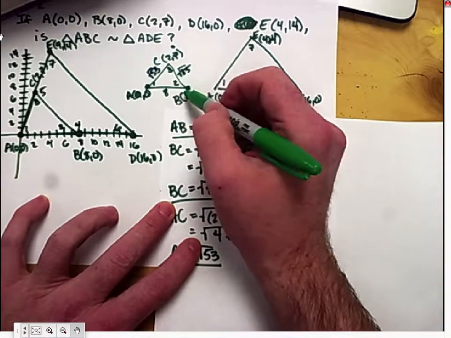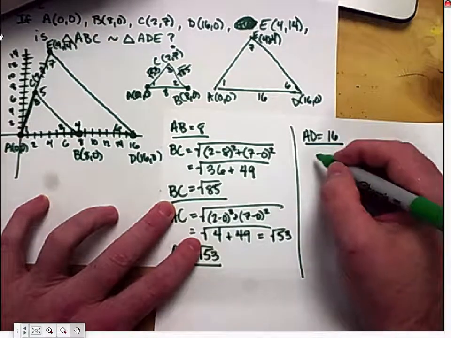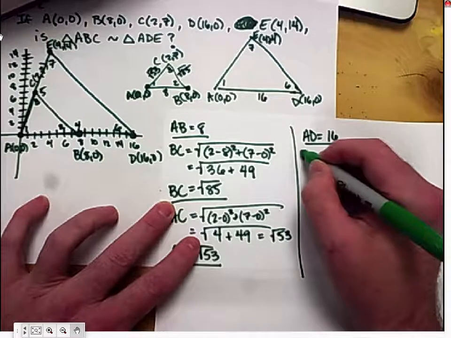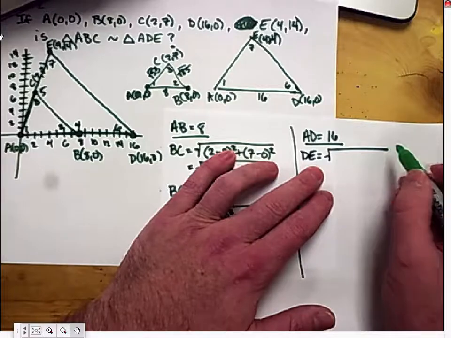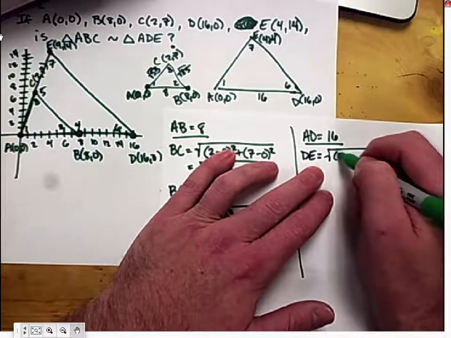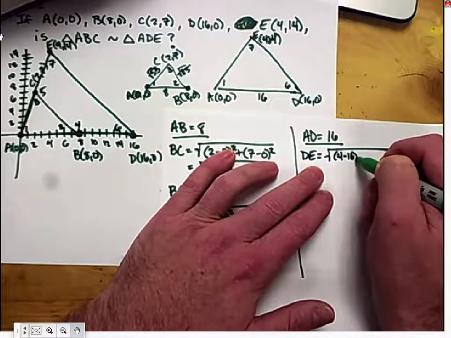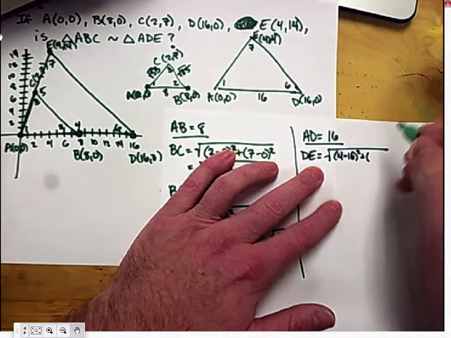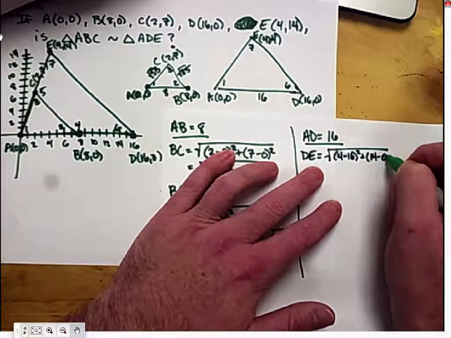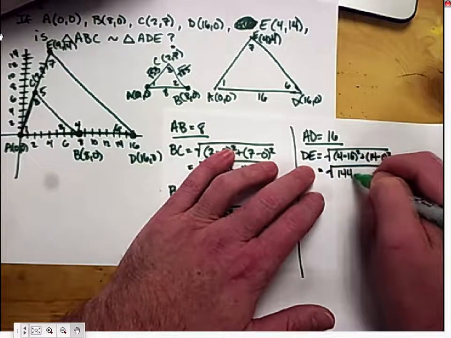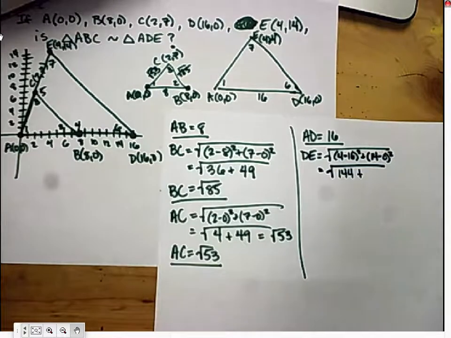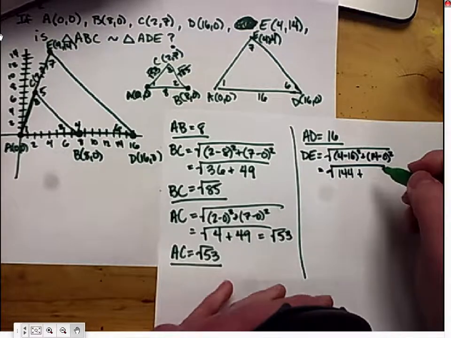What corresponds to BC on the big triangle? DE. That we're going to have to use the distance formula. Square root of difference in the x's squared, 4 minus 16 squared, plus difference in the y squared, 14 minus 0 squared. That is 144 plus 14 squared is 196.